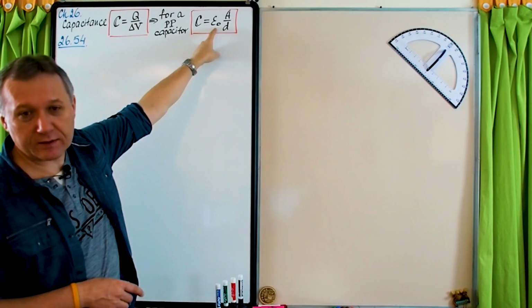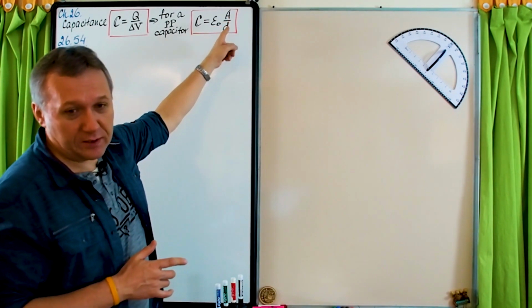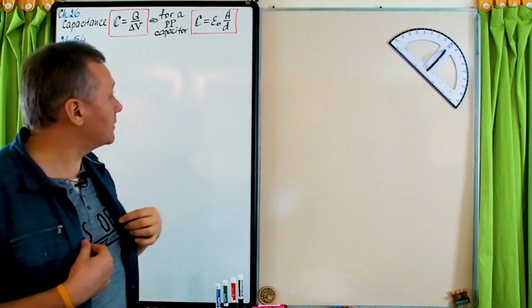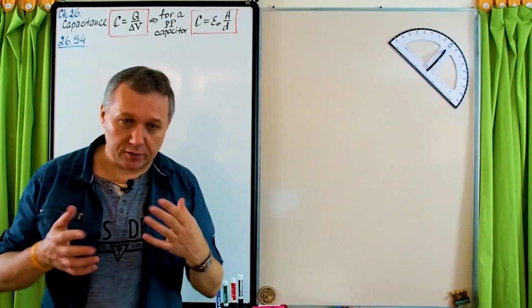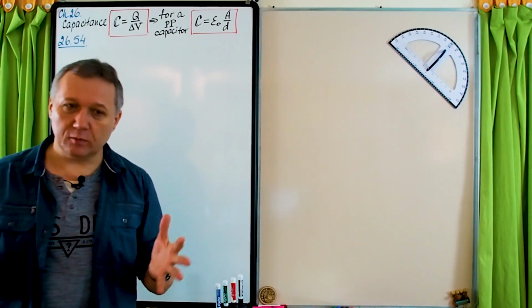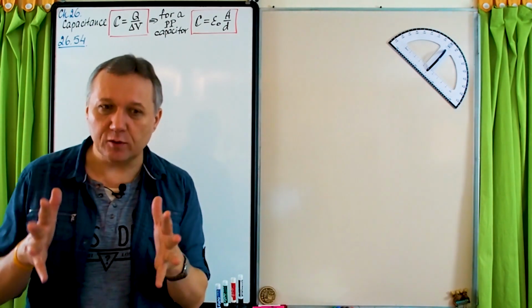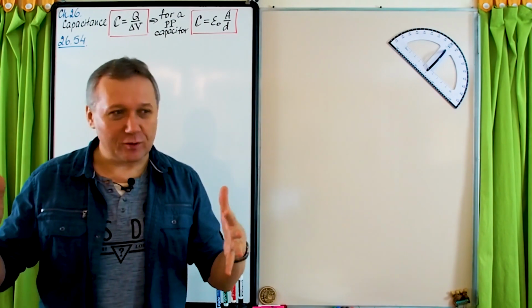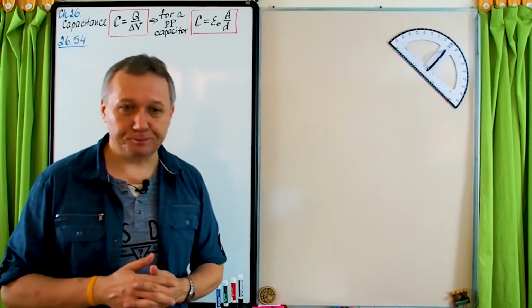Epsilon naught tells us there is a vacuum between the plates. So it doesn't matter how much charge is in the capacitor or what the potential difference across it is, assuming you're working in the working range of the capacitor.